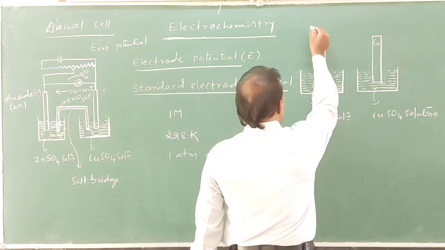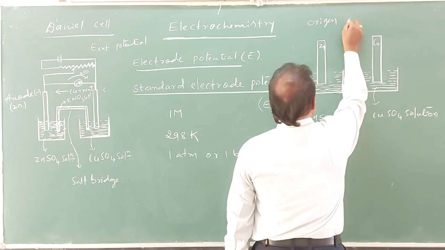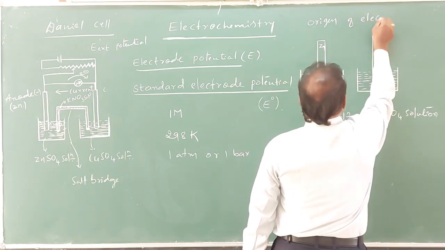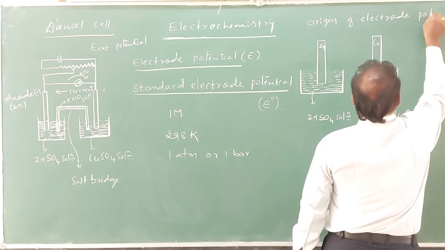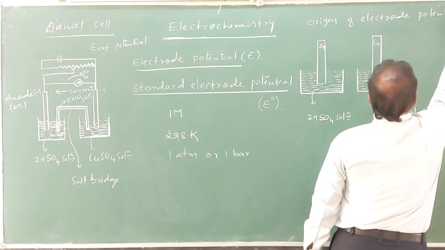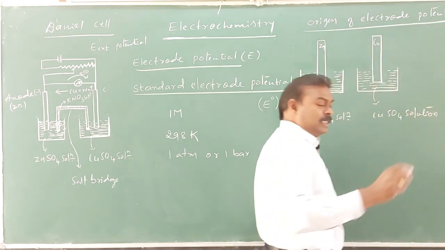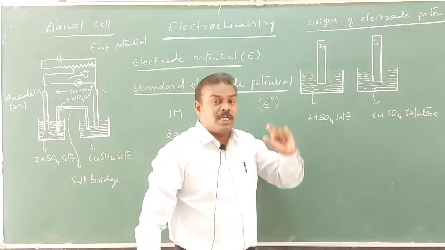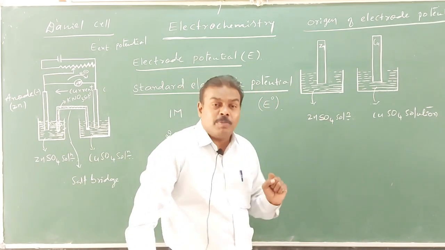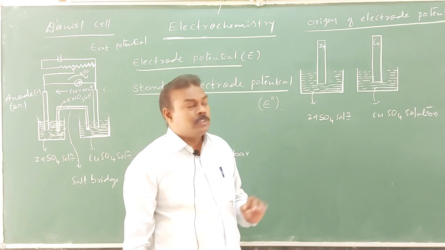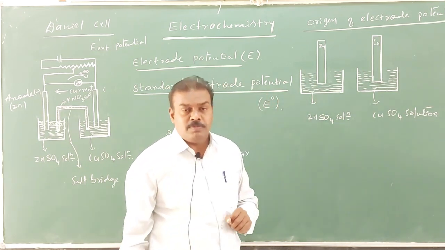This is the origin of electrode potential. Origin of electrode potential means how the electrode potential is developed in the electrochemical cell, or how that potential is developed in the electrode.